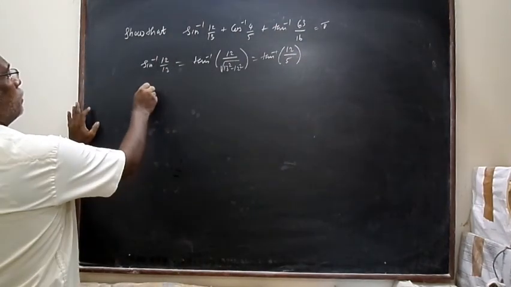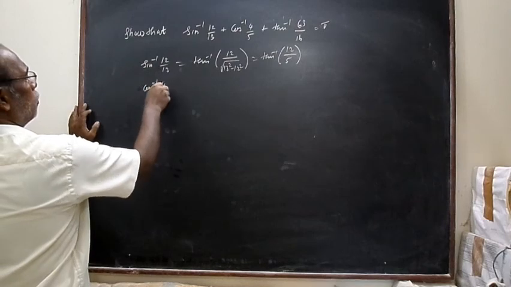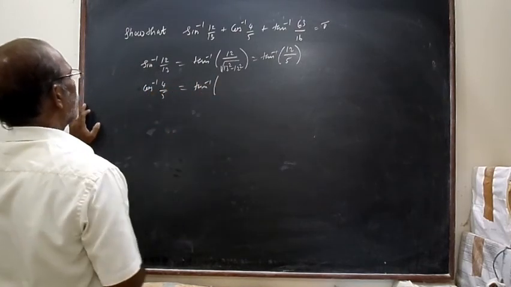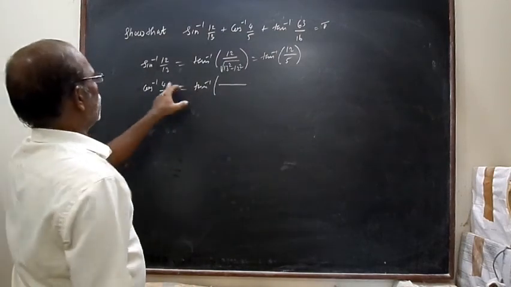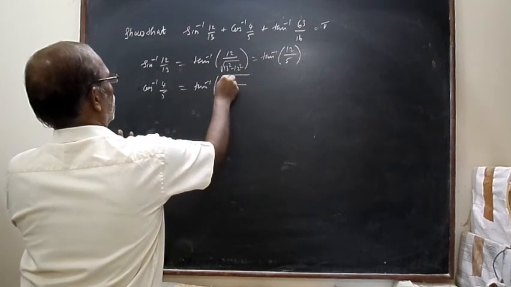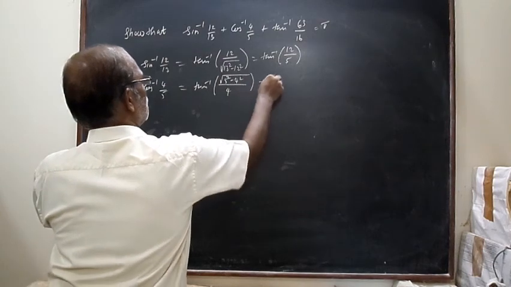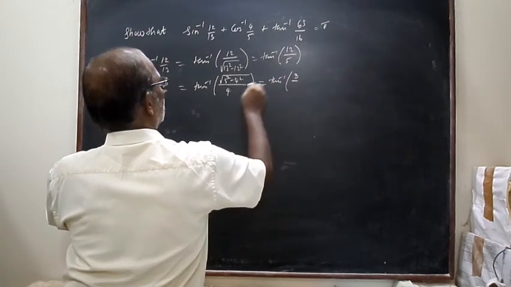And for the second term, cos inverse of 4/5 is tan inverse of opposite side root of 5 squared minus 4 squared over adjacent side 4, that is tan inverse of 3/4.